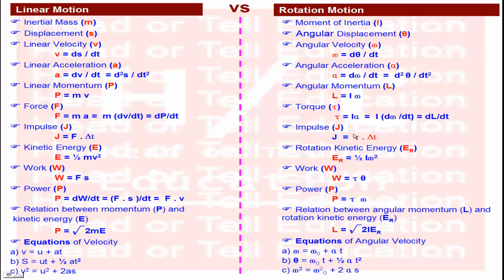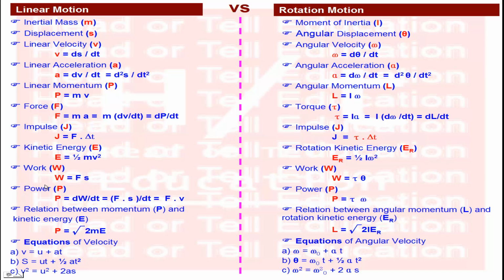Similarly, here impulse J is torque multiplied by delta t. Linear kinetic energy equals half mv square. Rotational kinetic energy equals half I omega square. Work in linear motion is W equals force into distance, Fs. Here work is torque into theta.